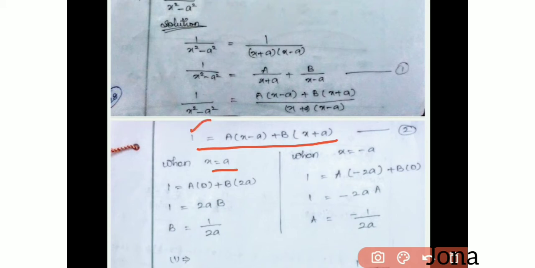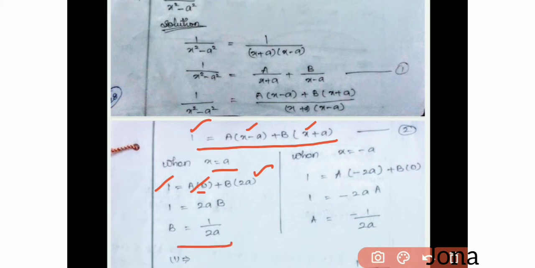Here 1 stays as it is, and instead of x I put a. So a minus a is 0, and in the other bracket, x plus a becomes a plus a, that is 2a. A into 0 has no value, so cancel this. So 1 equal to 2aB. Therefore B equal to 1 by 2a.